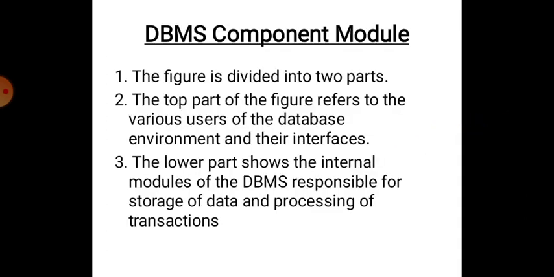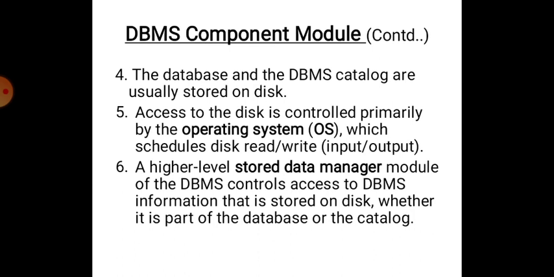The figure is divided into two parts. The top part of the figure refers to the various users of the database environment and their interfaces. The lower part shows the internal modules of the DBMS responsible for storage of data and processing of transactions. Point number 4. The database and DBMS catalog are usually stored on disk.